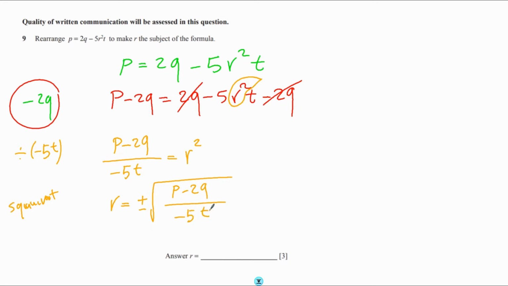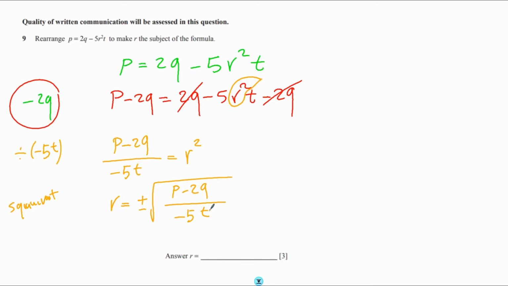This plus minus is exactly the same as the point that I explained a few minutes ago on another question. When we square it, the answer could be minus or plus, because minus times minus gives a plus value. And this will be the answer.